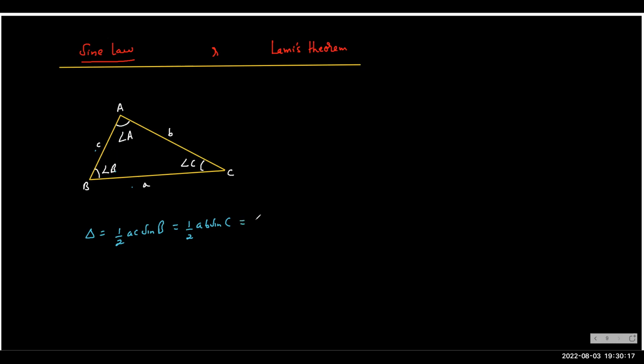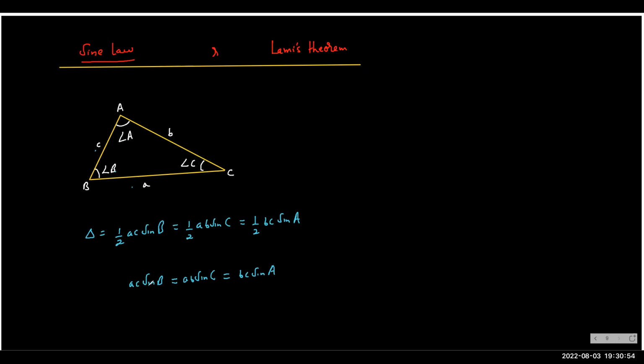And it can also be written as half BC sin A. So from these three equations, can we say AC sin B is the same as AB sin C, and this is BC sin A? This is how you can express the equality.